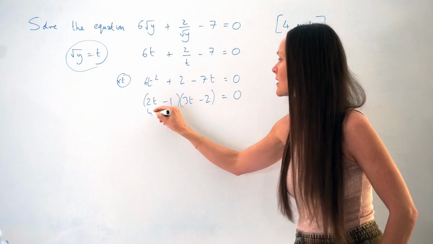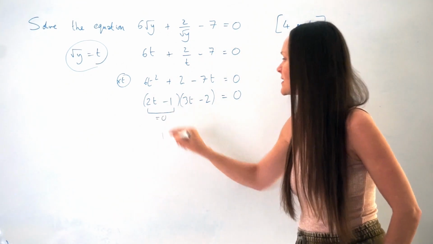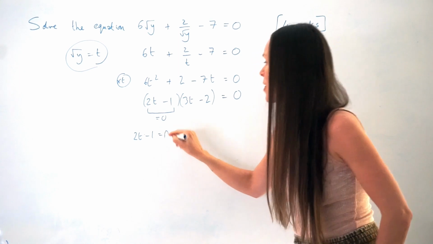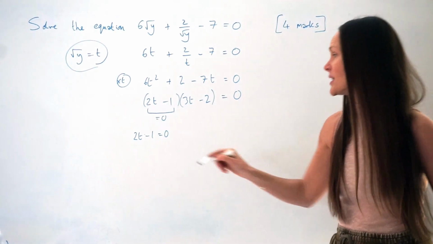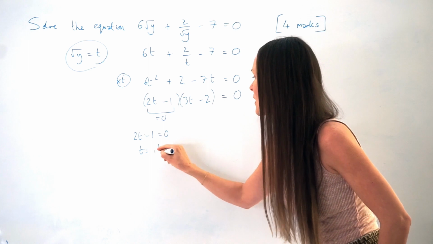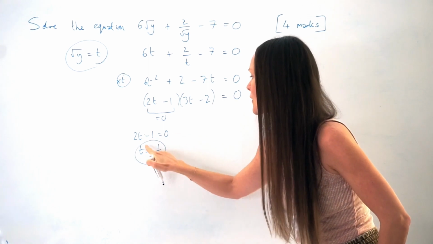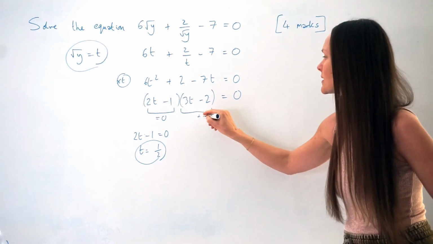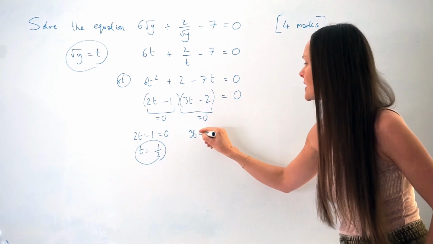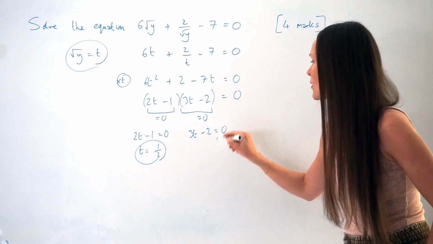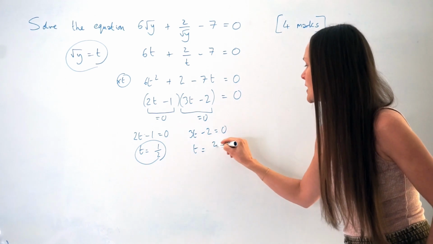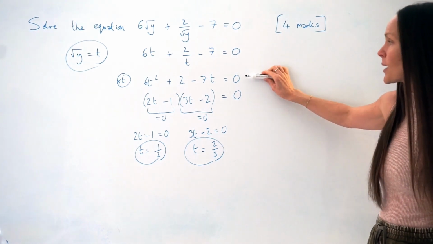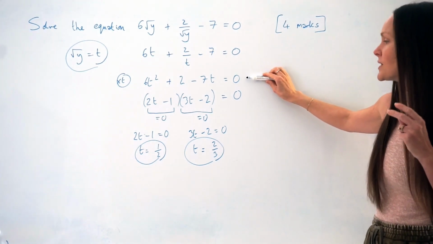If I consider the first bracket equaling 0, so 2t minus 1 equals 0, that would give me a value of t of positive a half. So there's the first value of t. Next, if I consider this bracket equaling 0, so 3t minus 2 equals 0, that would give me a value of t of 2/3. So we've solved this quadratic equation to find two values of t.